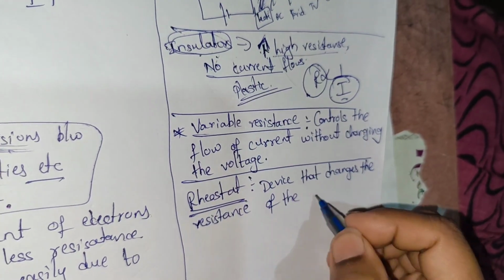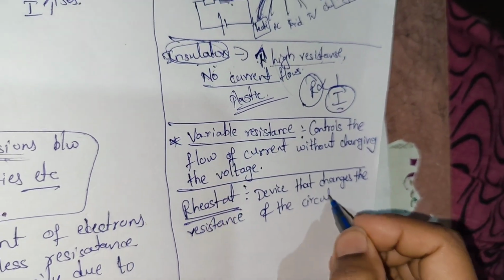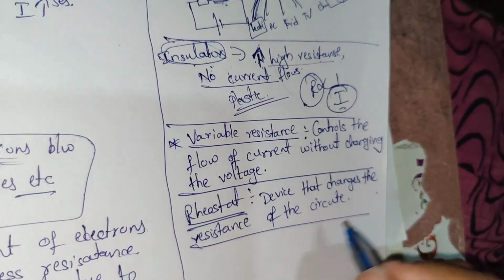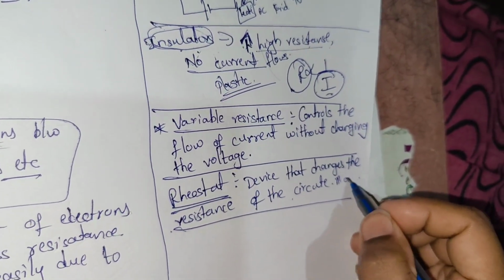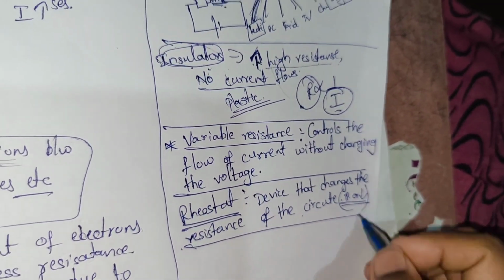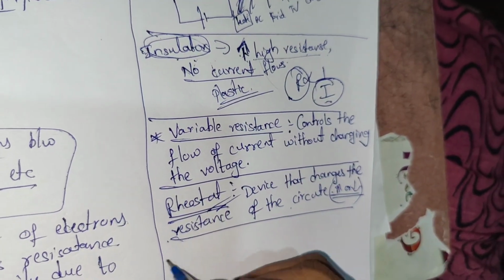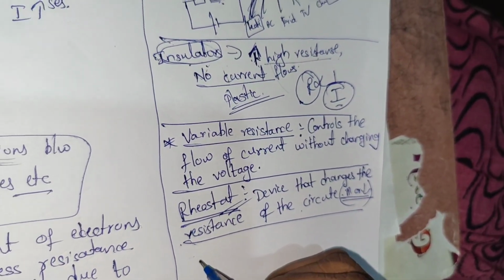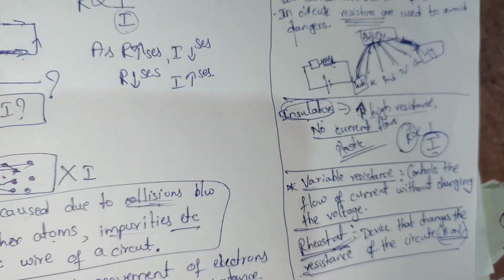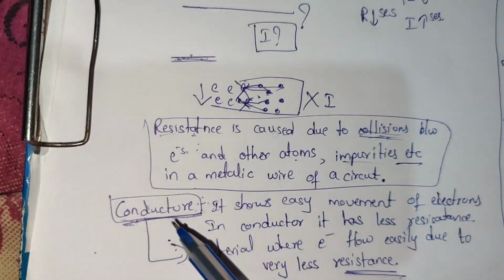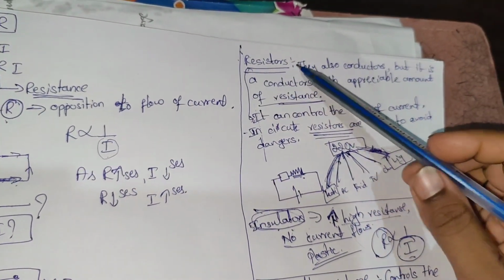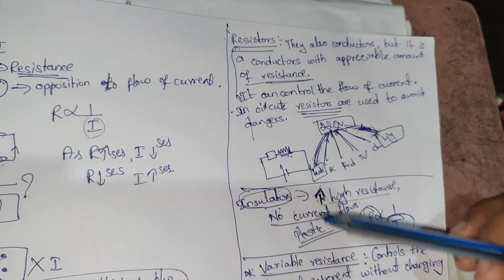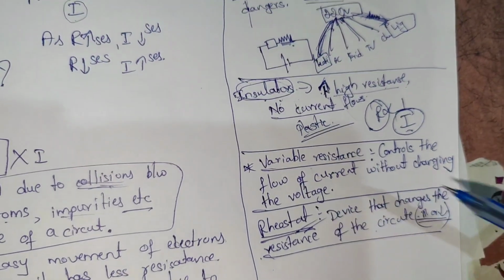That is due to this rheostat. Okay. Next main thing, you got to know all the definitions, children: resistance, conductors, insulators, resistors, variable resistance and rheostat.